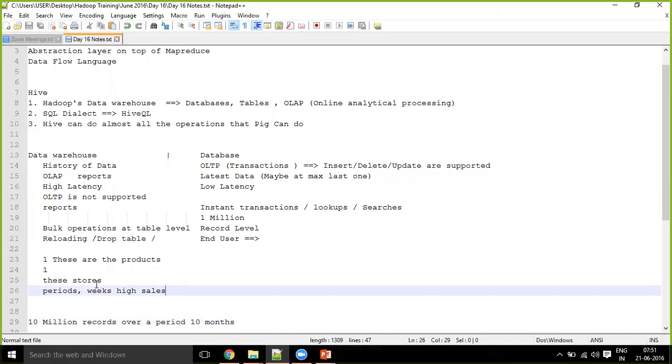So I hope you understood the purpose of data warehouse. You can discriminate the differences between the purposes of data warehouse and database.